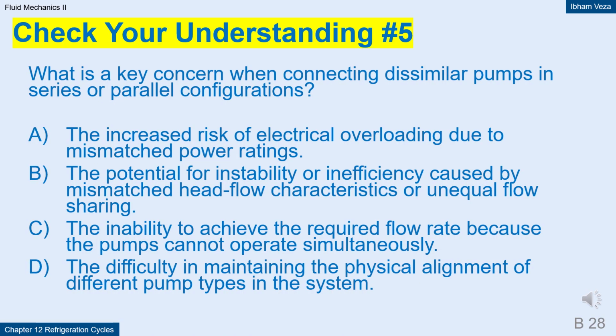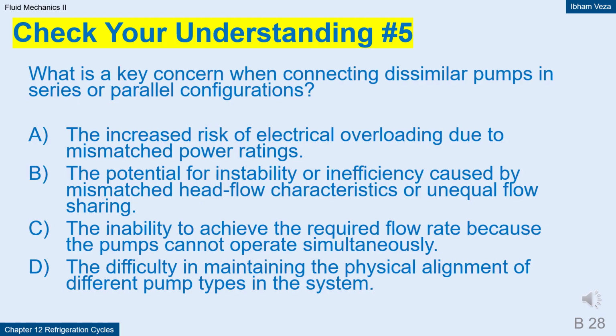Correct answer B. The potential for instability or inefficiency caused by mismatched head flow characteristics or unequal flow sharing. Explanation of incorrect options. Option A. Electrical overloading is not typically the primary issue when combining pumps. The main concern lies in hydraulic performance mismatches.